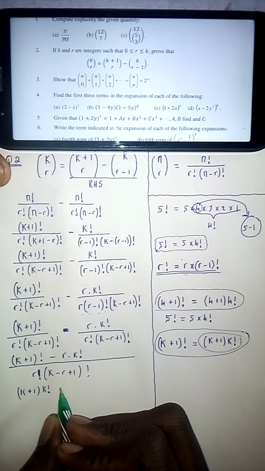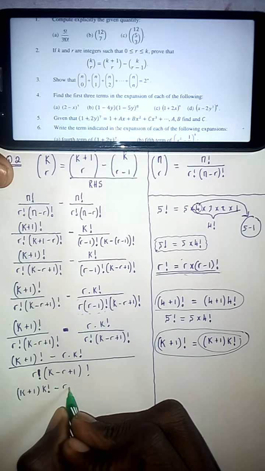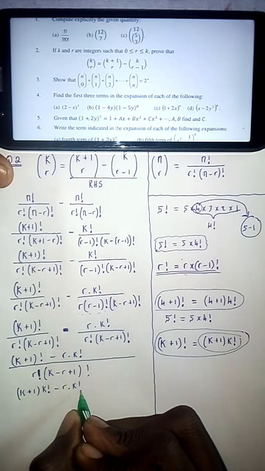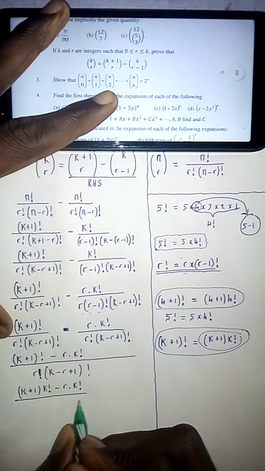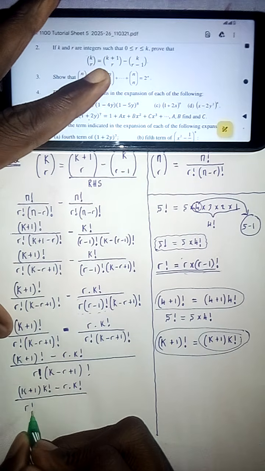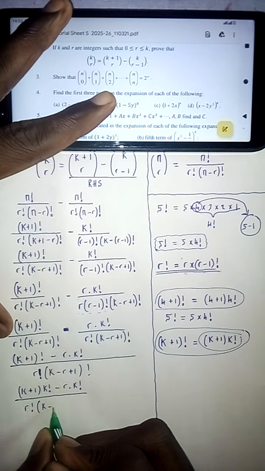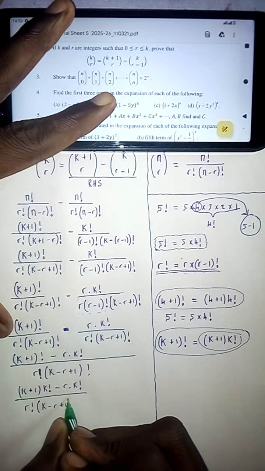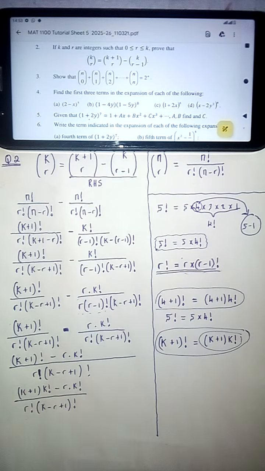Minus r k factorial, over r factorial, k minus r plus 1 factorial. Okay, yes. Well, let's factorize.